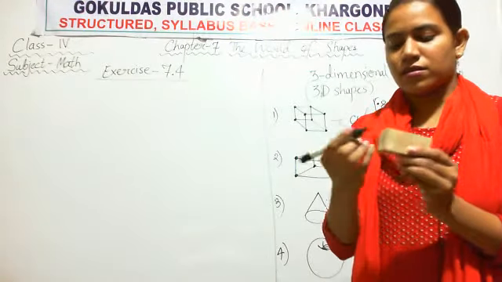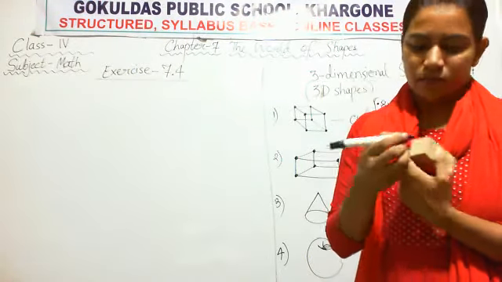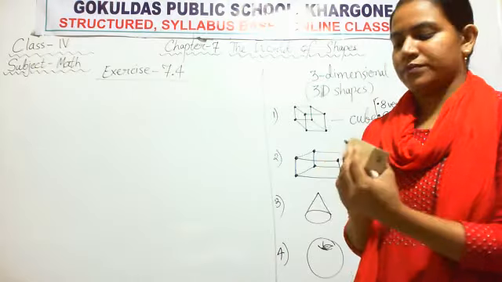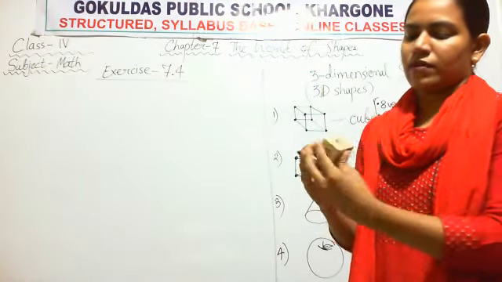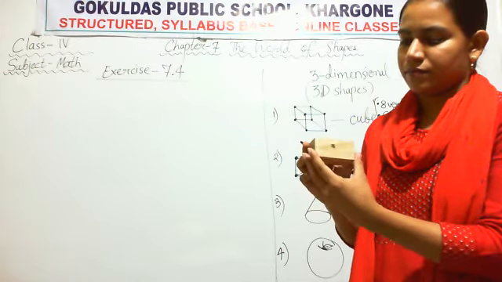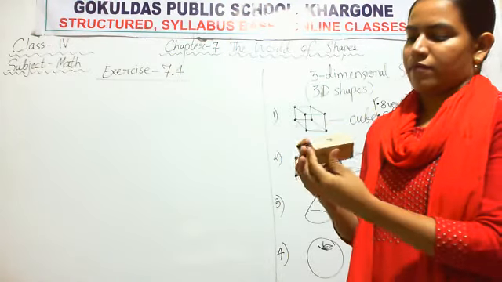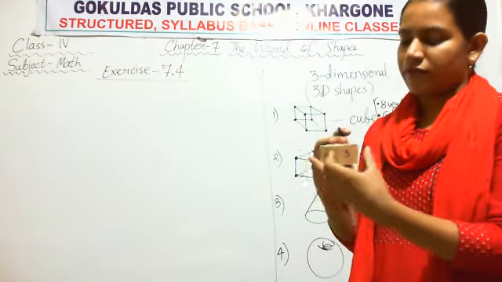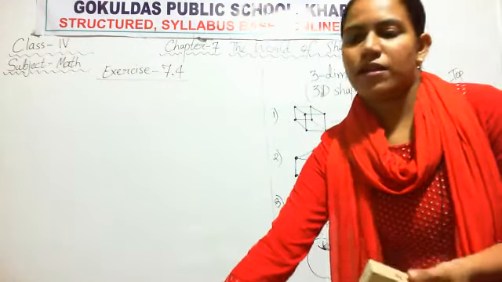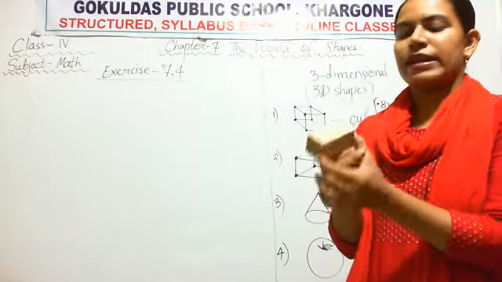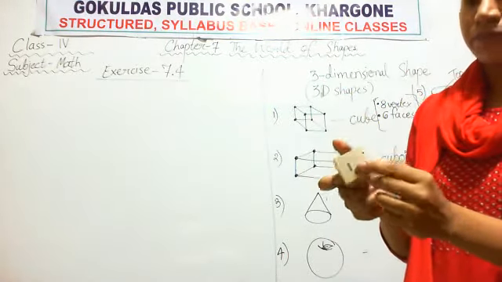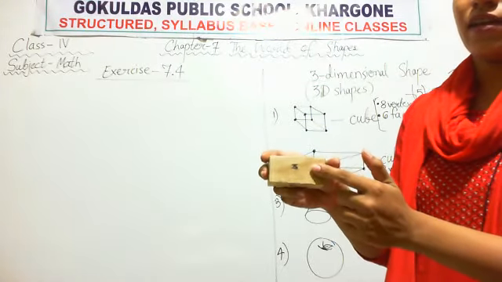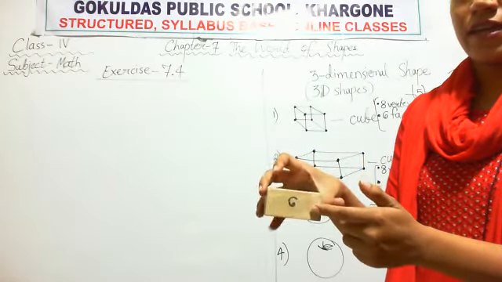Count the number of faces on each face of the cuboid. 1, 2, 3, 4, 5, 6.